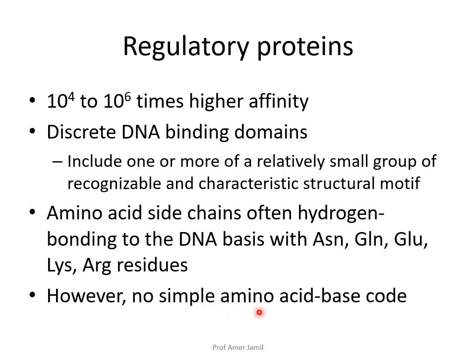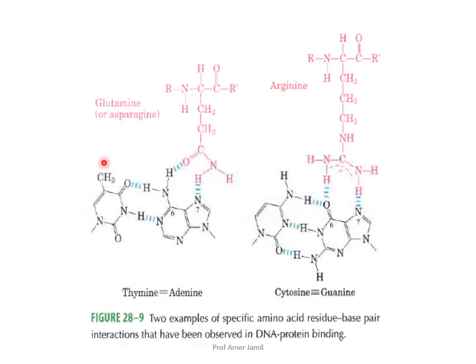However, there is no simple amino acid base code that we can say for sure is the code for an amino acid and a base to bind for such regulatory proteins at the time of gene regulation. Here are two examples of specific amino acid residue interaction with the base pair, like this glutamine or asparagine.